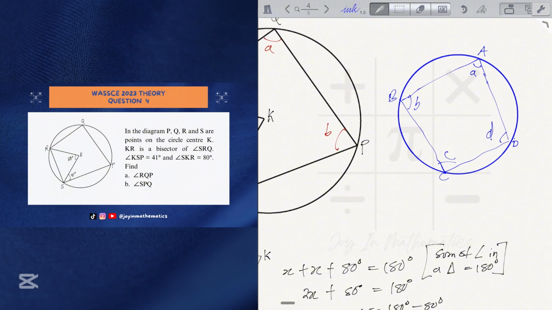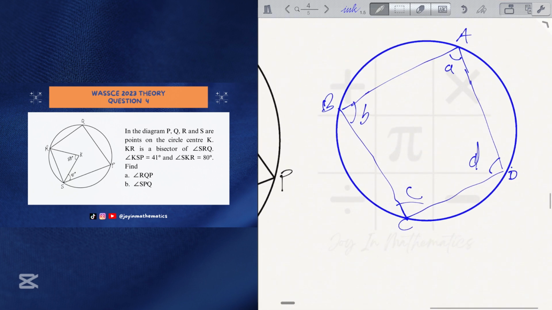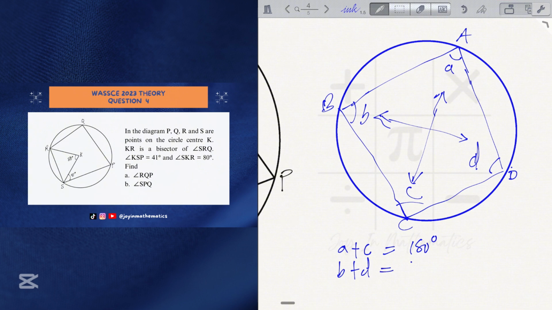The opposite angles of a cyclic quadrilateral add up to 180 degrees. These two are opposite to each other, and similarly, these two are opposite to each other. So the sum of the opposite angles A plus C is equal to 180 degrees, and the sum of B and D is equal to 180 degrees.